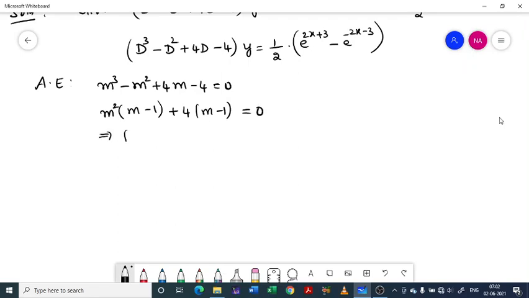So that implies m square plus 4 into m minus 1 equal to 0. So that will give you m equal to 1 or m equal to plus or minus 2i.